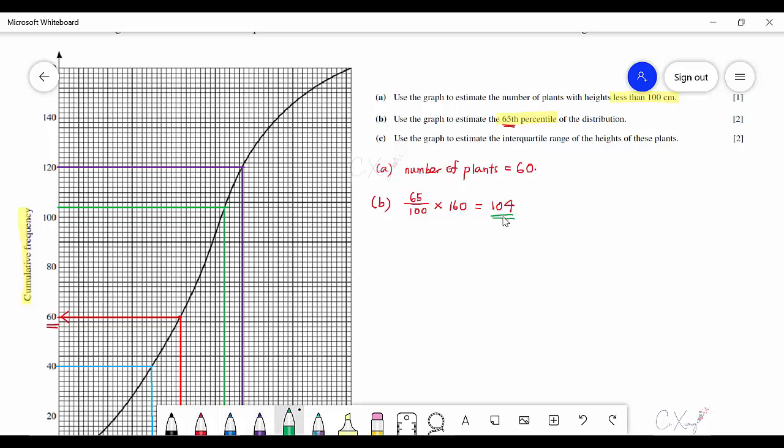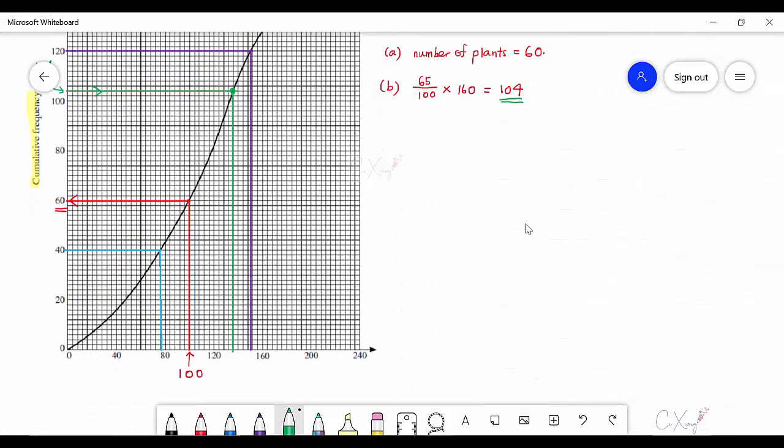So at 104 on the y-axis, you draw the line, touch the curve, and then read the value on the x-axis.